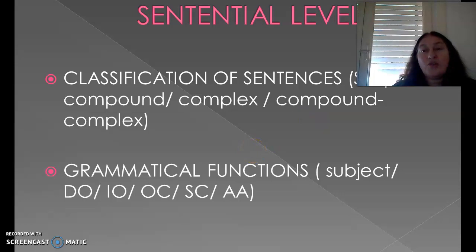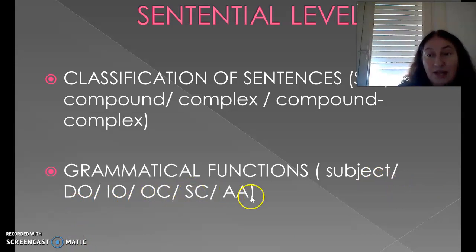This classification depends on the number of clauses and the relationship among them. And within the sentential level, of course, we also have grammatical functions, which here I wrote: subject, direct object, indirect object, objective complement, subjective complement, and adverbial adjunct.